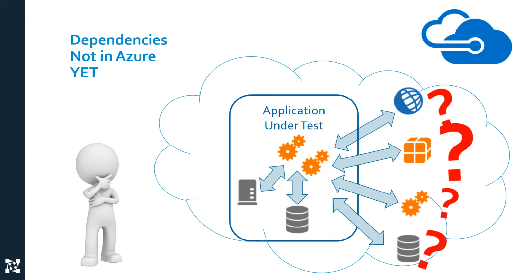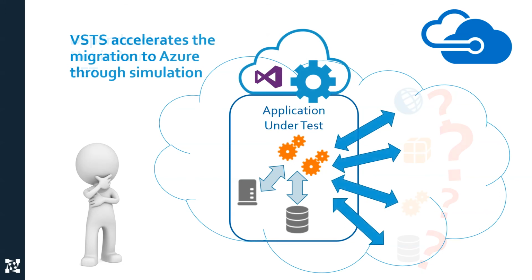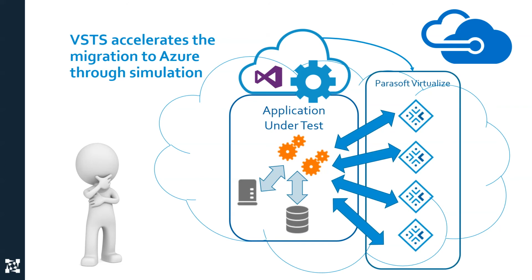Well, how do we do our full stack? Well, VSTS to the rescue. So VSTS, in combination with Parasoft Virtualize, allows us to deploy simulation into Azure. Simulation through the use of virtual services, services that are representations of the actual services, but do not require the complex deployment.